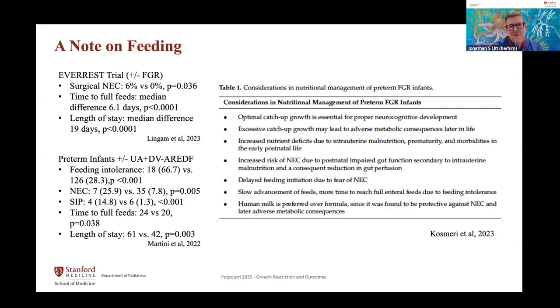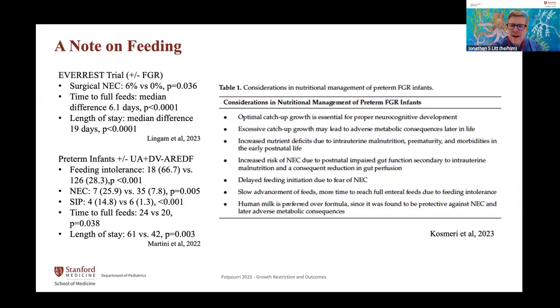This is increased for babies who were born preterm, and in fact, the likelihood of having delays in feeding and any feeding related complications is compounded by early preterm birth. And you see here that NEC and SIP, or spontaneous intestinal perforation, are much more likely in infants with growth restriction, preterm birth, and abnormalities of their umbilical Dopplers.